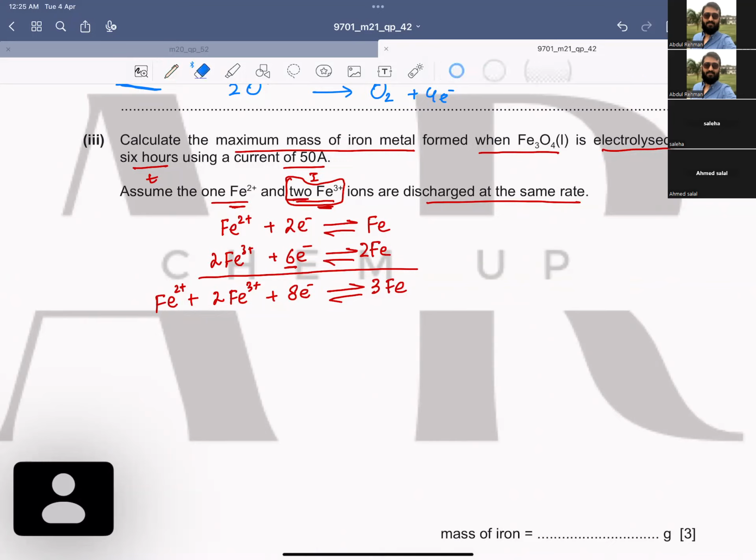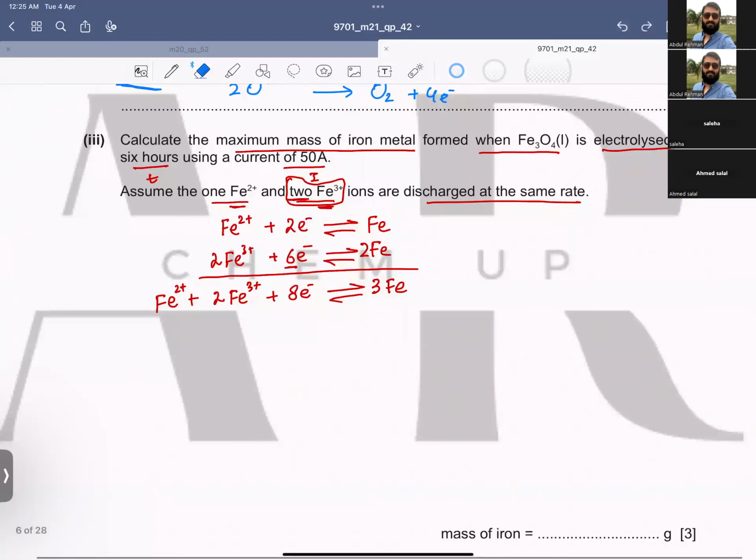So I have got that 1 mole of iron 2+ ion and 2 moles of iron 3+ ions, in total, are gaining 8 electrons and forming 3 iron metals.